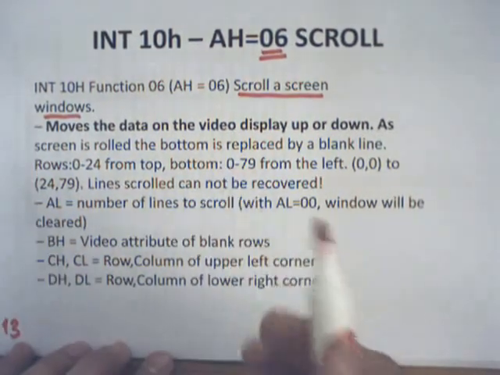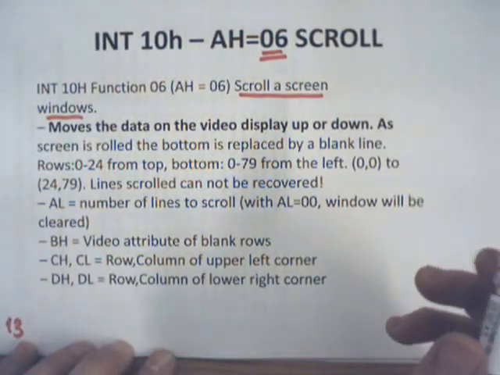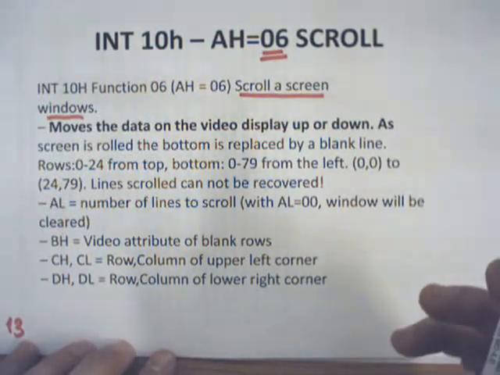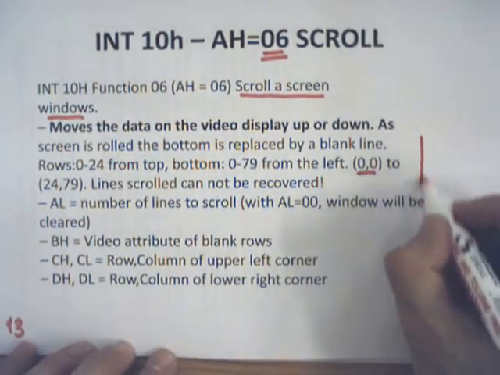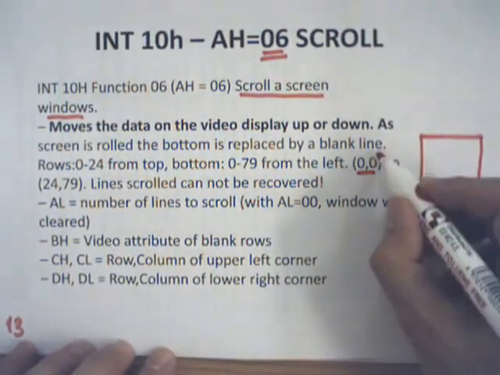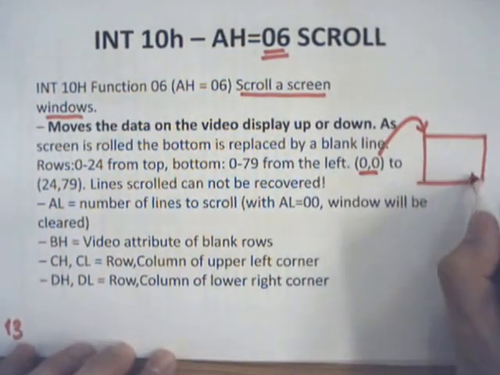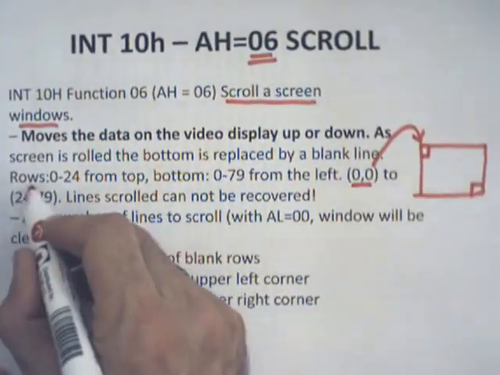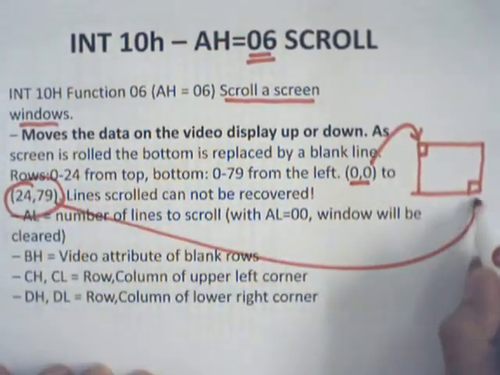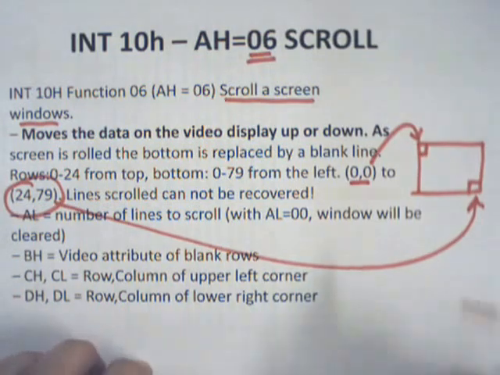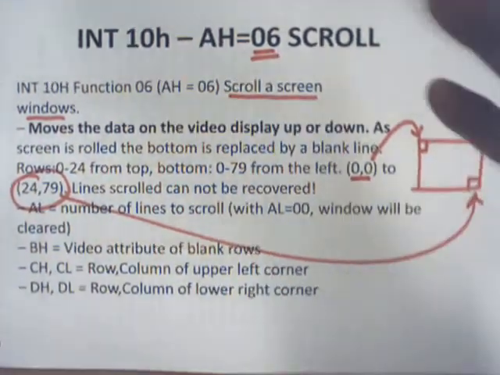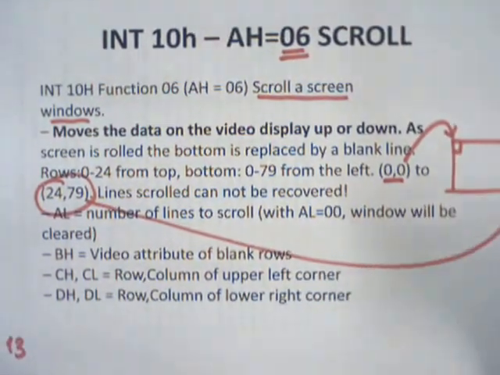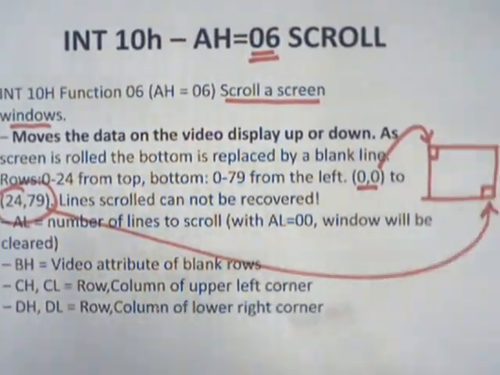Column 0 starts from the left side and 79 from the right. So the cursor upper left is 0,0, and down right is 24,79. Line scroll cannot be recovered, so if you scroll something you cannot get it back.